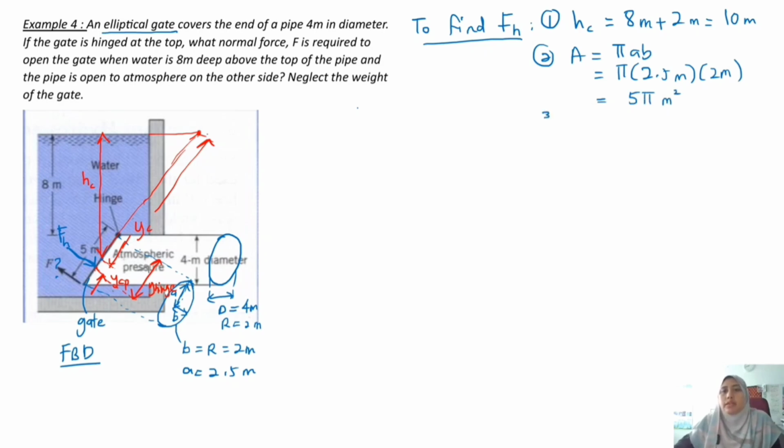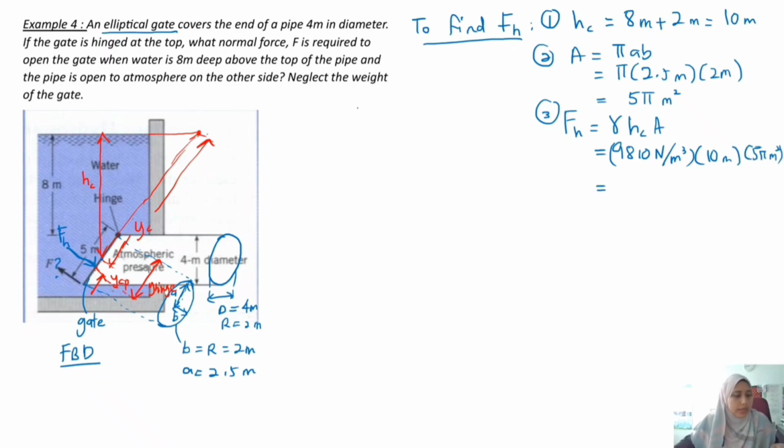And last but not least, for this magnitude, find FH by using gamma or rho G times HC times A. Gamma of water is 9810 Newton per meter cube. HC is 10. A is 5 pi meter squared.